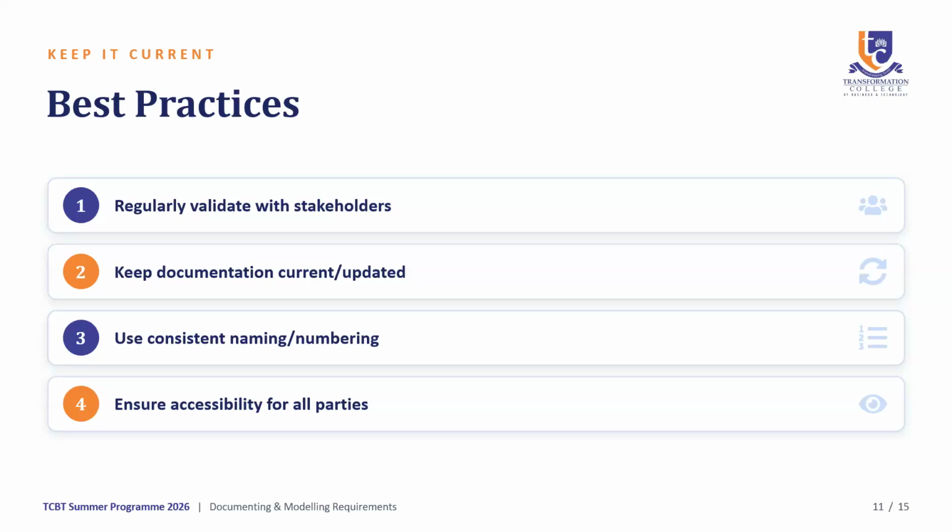I think there's the shall term. I didn't speak to that. When writing your requirements, there's what we call the shall technique. It's a professional technique to use.